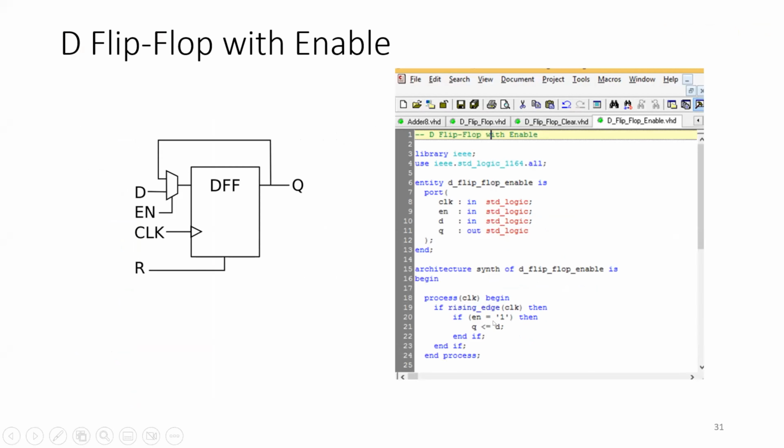If rising edge, I check the enable. If enable is high, D will go to Q. Of course, the other option, if enable is low, nothing will happen, no change. Please go ahead and do this program. This is our last D flip-flop.